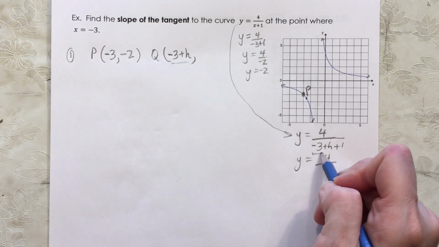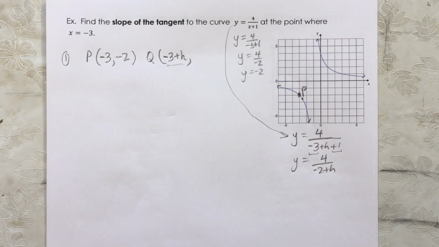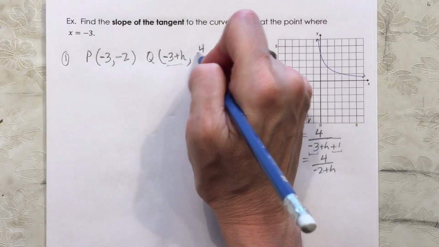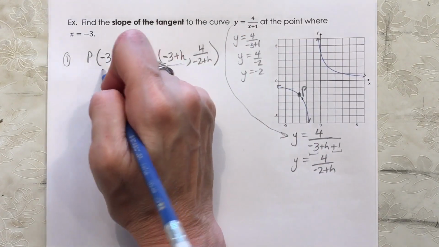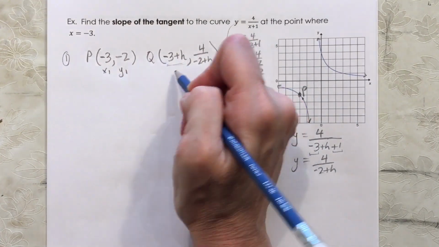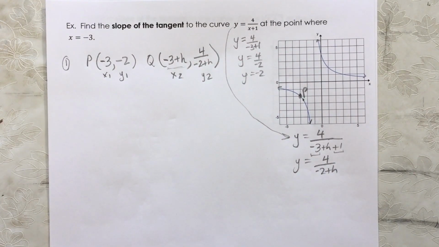And we can combine those to get 4 over negative 2 plus h. So here's our x1, y1, point P, and our x2, y2 for Q.